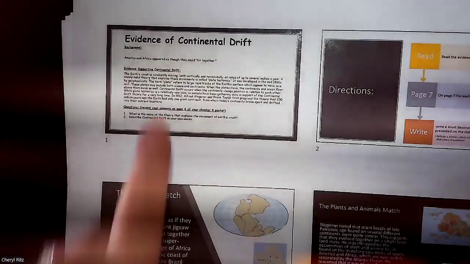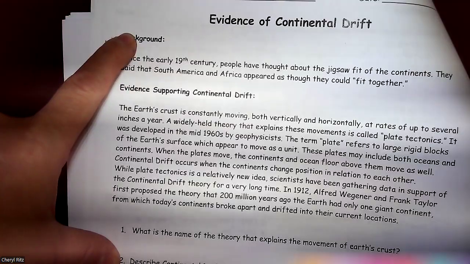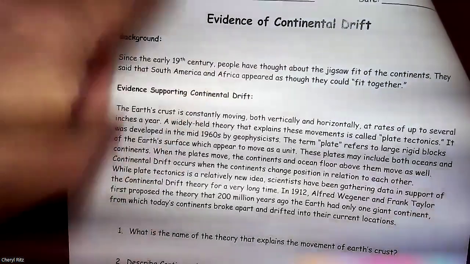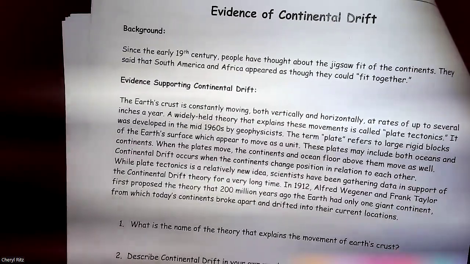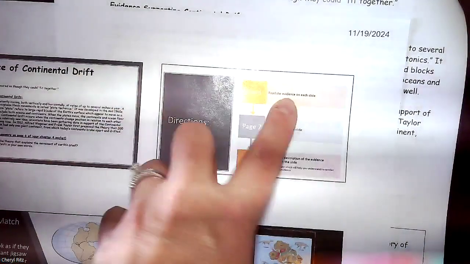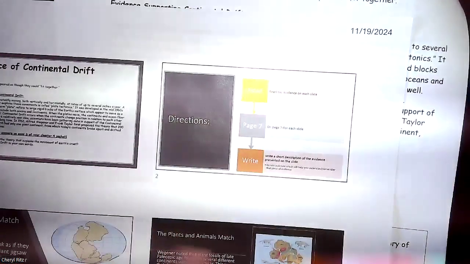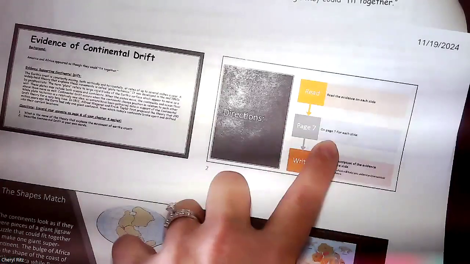You will get this paper. It's the exact same stuff that's written here. You will do this activity. You will read, answer those two questions. Then here is the assignment, and the directions are written here. You will read the evidence on each slide. So these are the slides I'm speaking of.